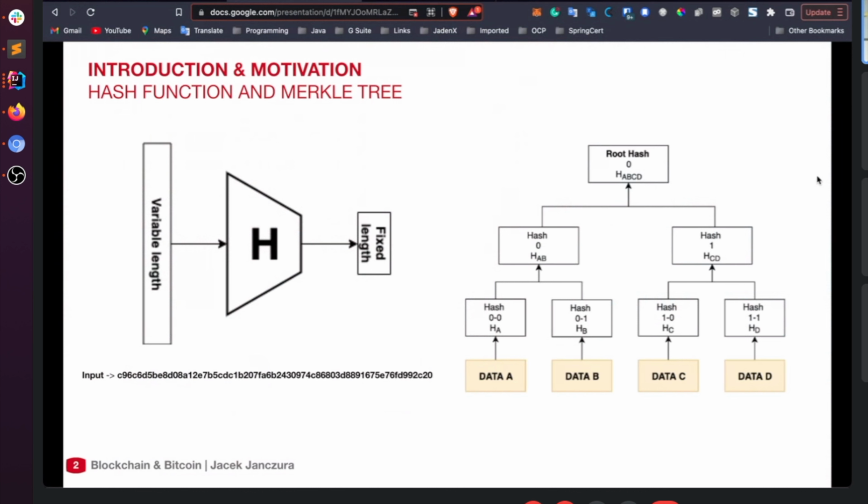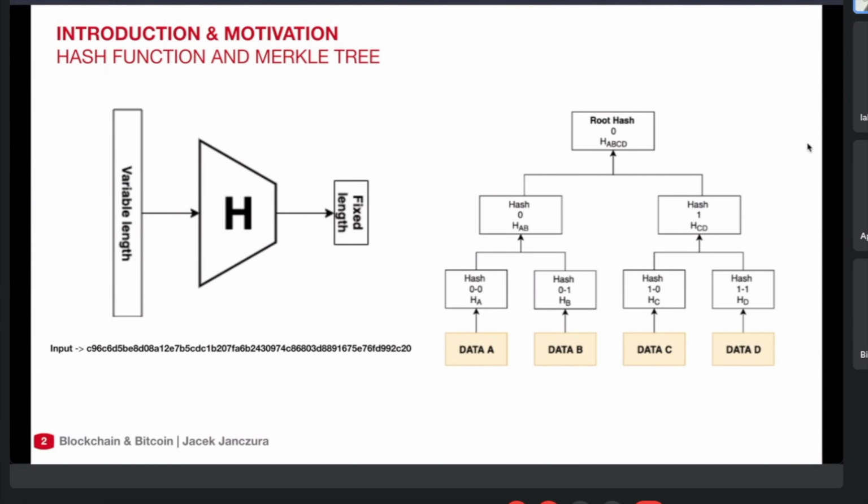Okay, let's start from the hash function. Probably all of you, since you are all engineers, are familiar with MD5 or SHA-256. A hash function transforms input into output data of a fixed finite length.